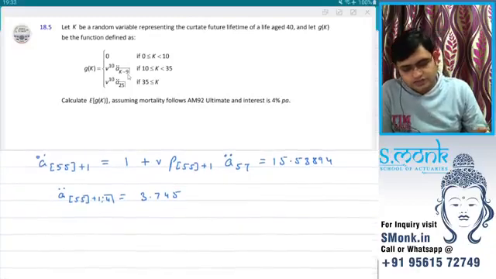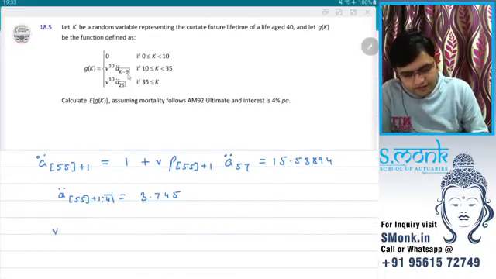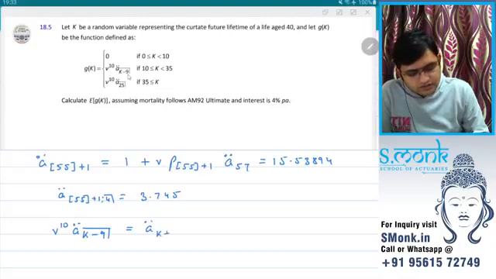What I can do is say v raised to 10 a due k minus 9, where k is greater than 10, can be written as a due k plus 1 minus a due 10.